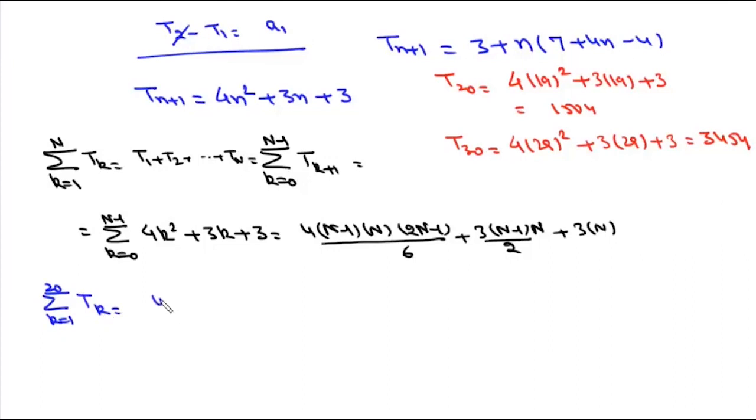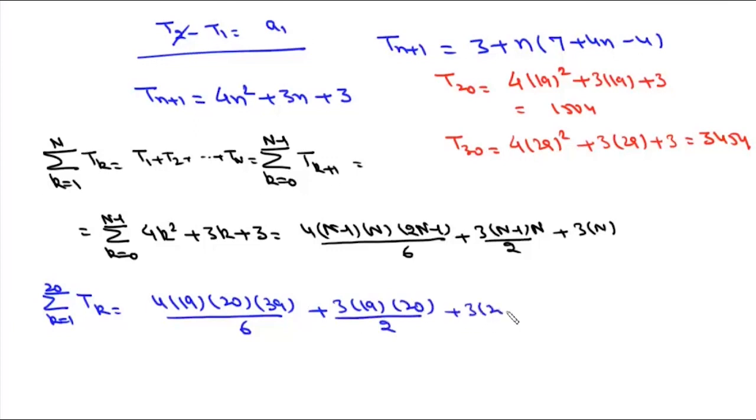So if we put n as 20, it will be 4 into 19 into 20 into 39 by 6 plus 3 into 19 into 20 divided by 2 plus 3 into 20. And this value is 10510. And the summation k varies from 1 to 30 Tk.